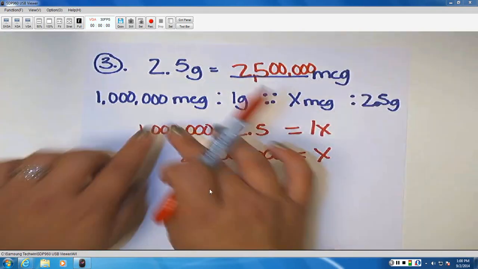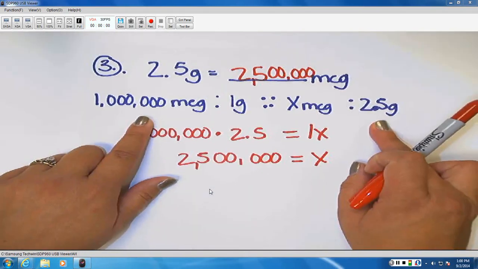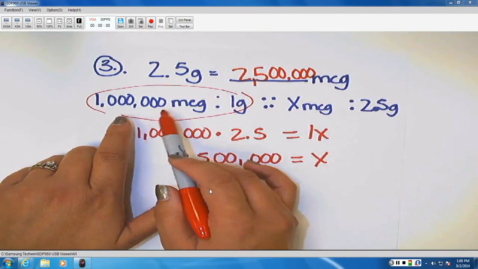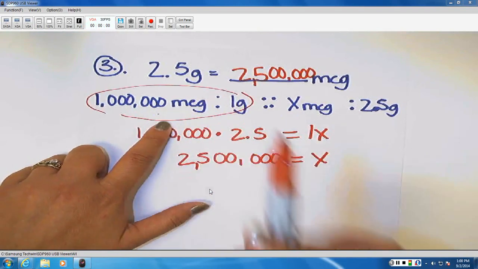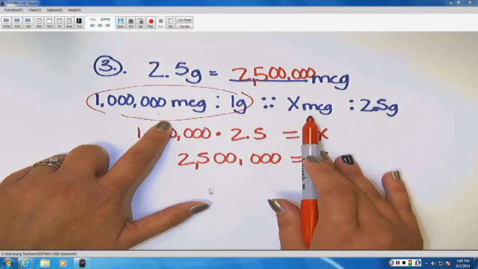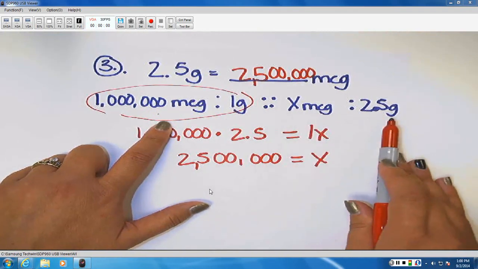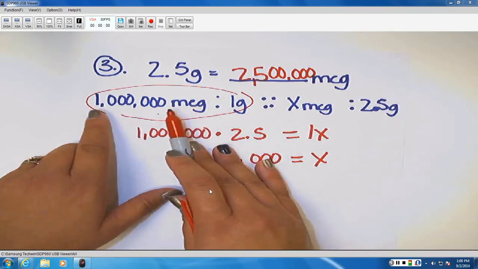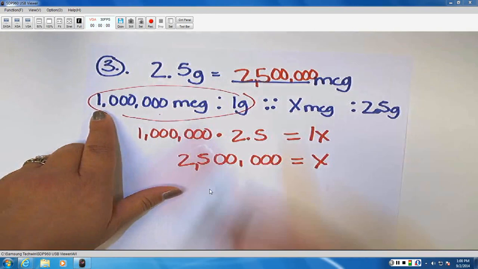I did that by setting up my proportion. I knew this is what is known. 1 million micrograms equals 1 gram. And so what is unknown is how many micrograms is in 2.5 grams. Now again, all you essentially have to do is take 2.5 and multiply it by 1 million, and you would end up with your answer.